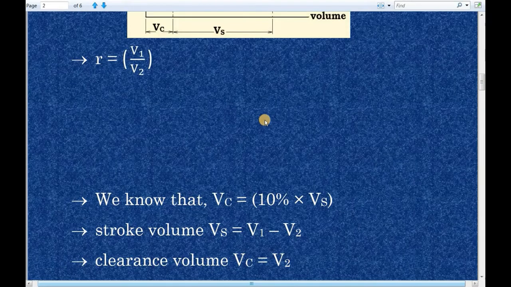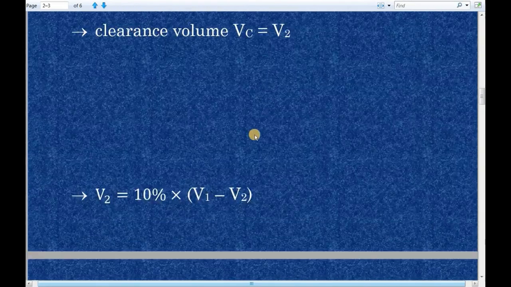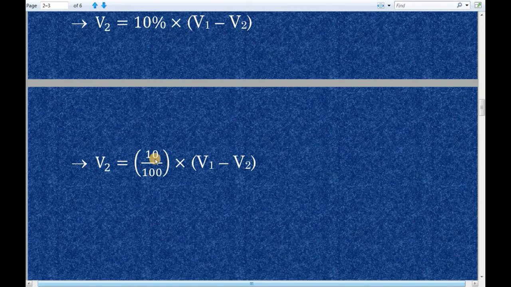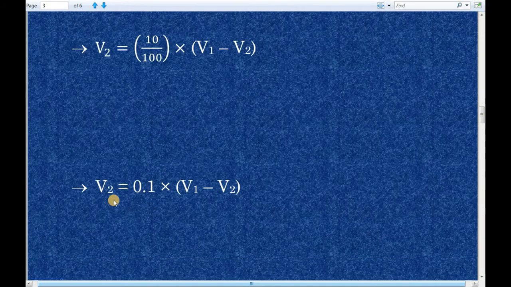So the next step will be V2 is equal to 10% of (V1 minus V2). We know that 10% is nothing but 10 by 100, which is 0.1. So V2 is equal to 0.1 into (V1 minus V2).